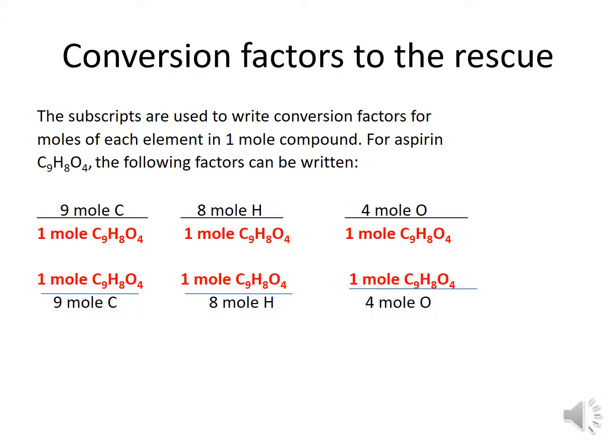Or you can invert those conversion factors and make more conversion factors. 1 mole of aspirin over 9 moles of carbon, 1 mole of aspirin over 8 moles of hydrogen, or 1 mole of aspirin over 4 moles of oxygen. All of these are legitimate conversion factors because they give us how many moles of atoms are in a mole of the compound.